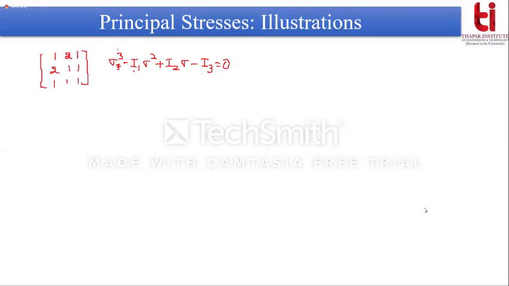That means we have already calculated I1 is equal to 3. We have already calculated I2, which is equal to minus 3. What is I3? I3 is nothing but the determinant of this matrix: 1 2 1, 2 1 1, 1 1 1.